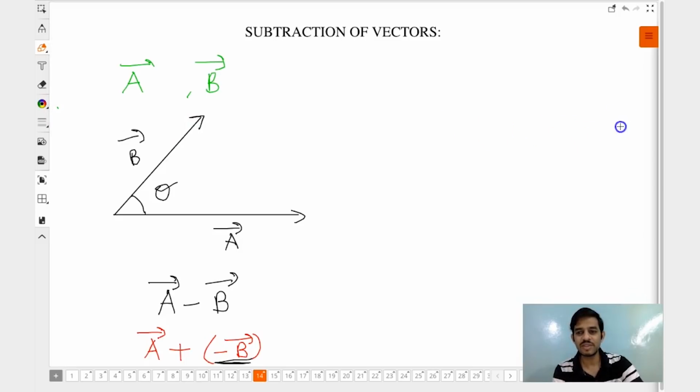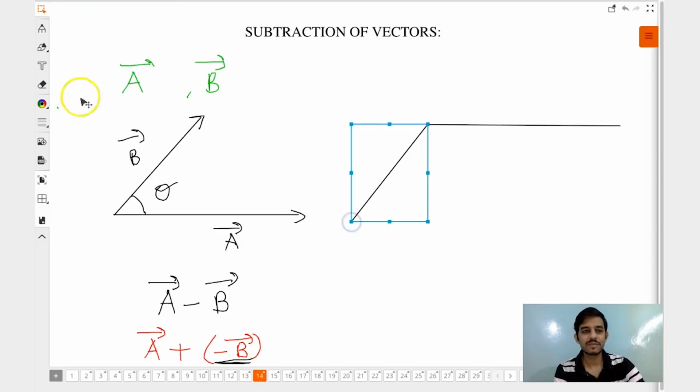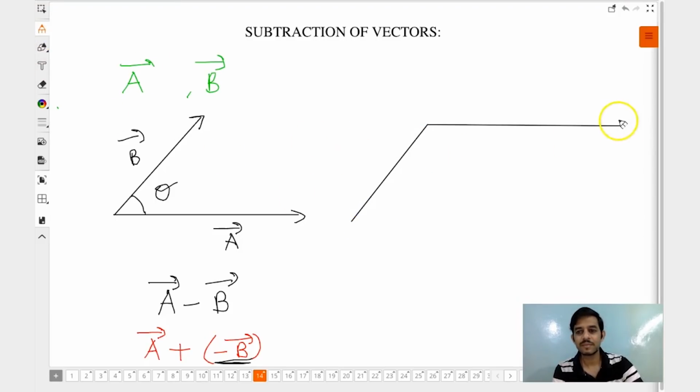So what we'll do is we will simply redraw the diagram like this. This was our A vector. Originally this was the B vector's direction. The angle was theta.